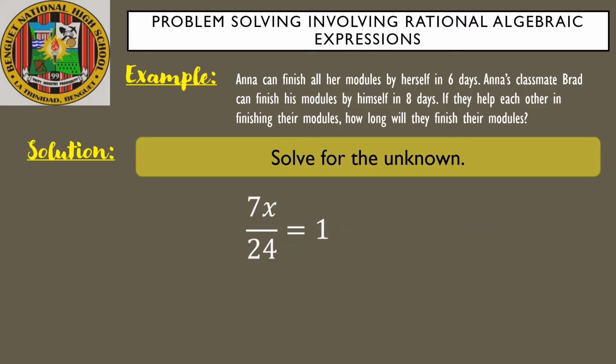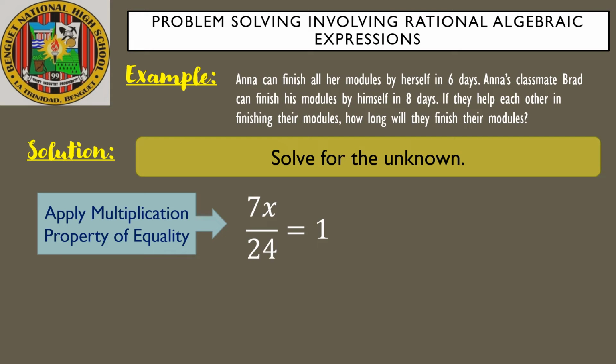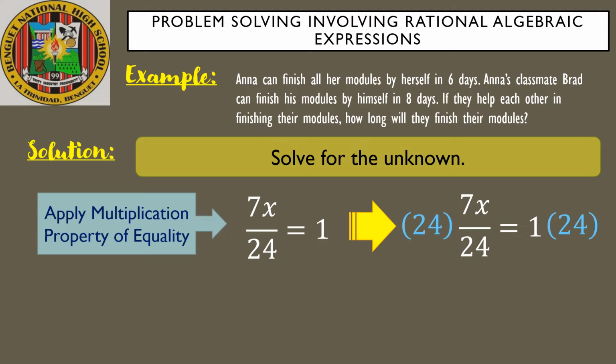We then apply the multiplication property of equality to both 7x over 24 and 1 to eliminate 24 on the left side of the equation and get the result 7x equal to 24.